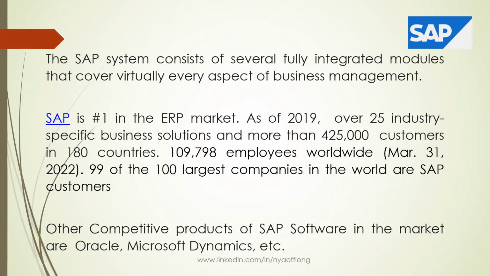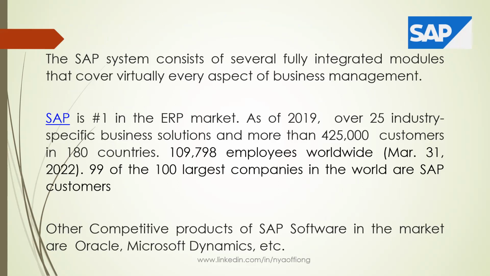The SAP system consists of several fully integrated modules that cover virtually every aspect of business management. Now, SAP is the number one ERP in the market. As of 2019, it has over 25 industry-specific business solutions and more than 425,000 customers in 180 countries.